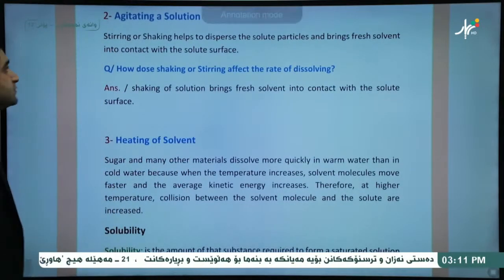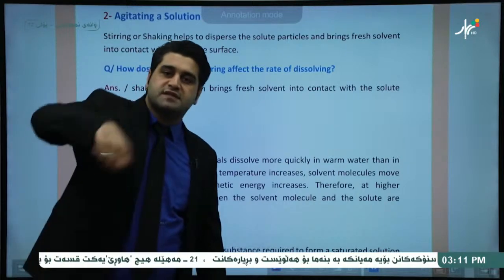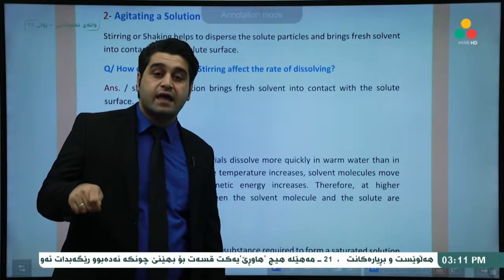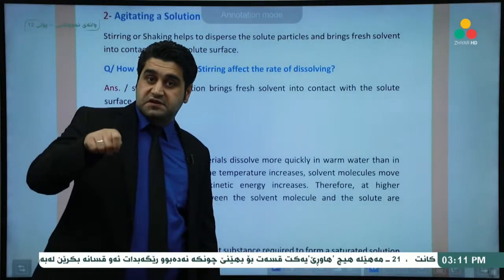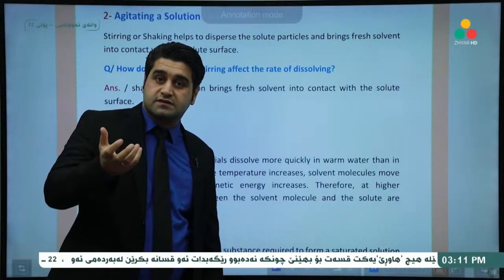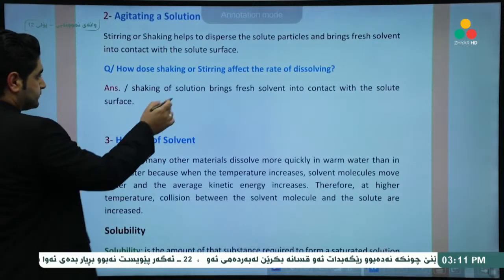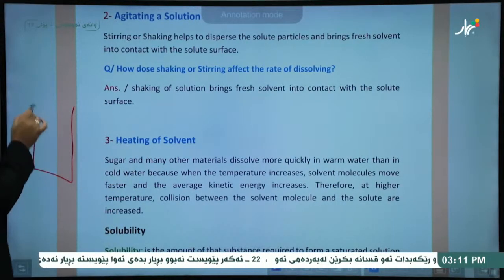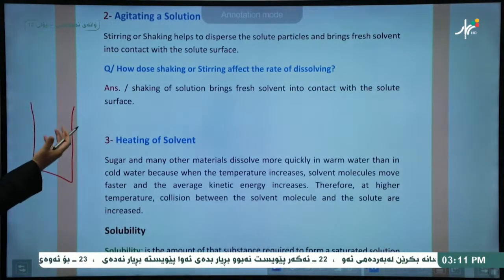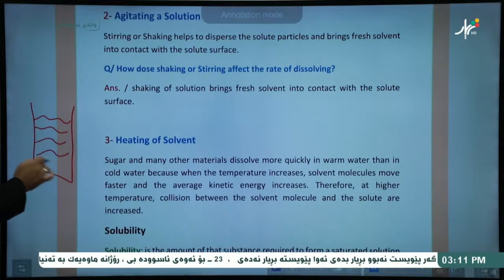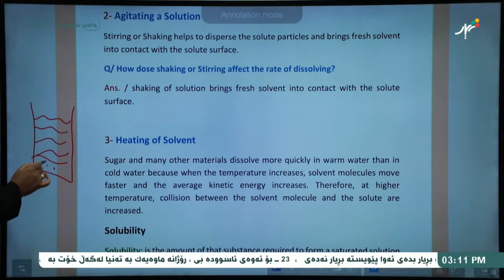When we have a tea to drink, you stir using a teaspoon. Why? Because stirring makes sugar dissolve faster. Look, this is a cup of tea. It contains sugar in here.